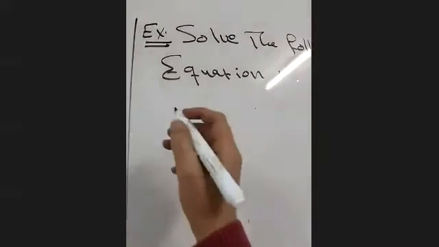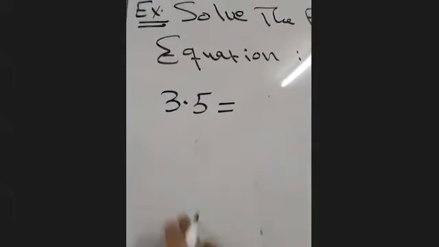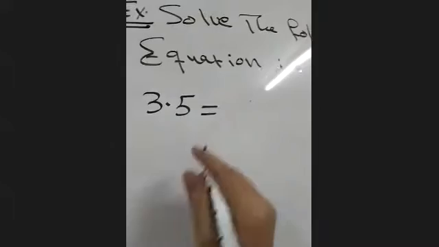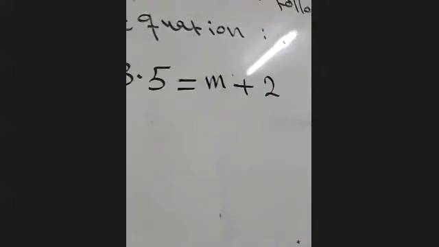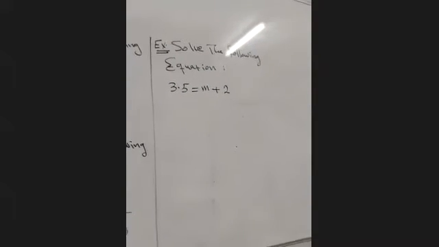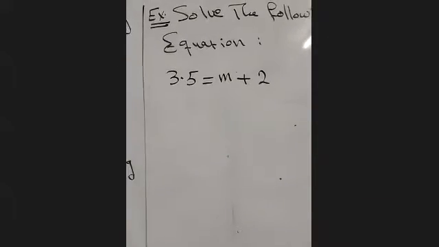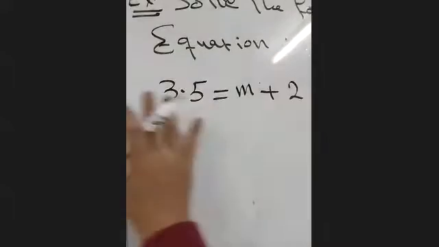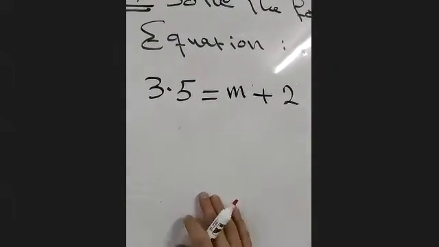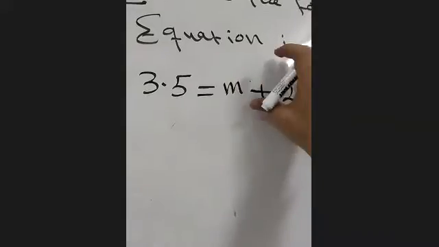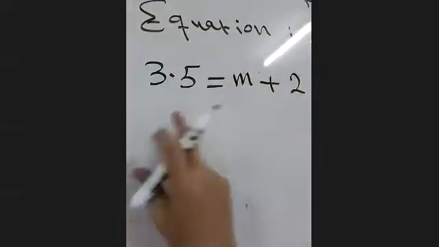Now, for example, 3.5 equals m plus 2. Focus guys, look here. Now, where is the variable m? What's the connected number with the variable? Plus 2. I need to get rid of this plus 2 by subtracting 2 from both sides.